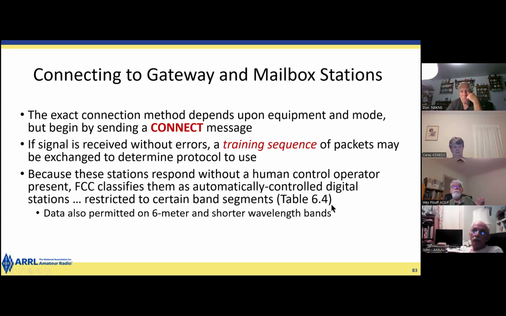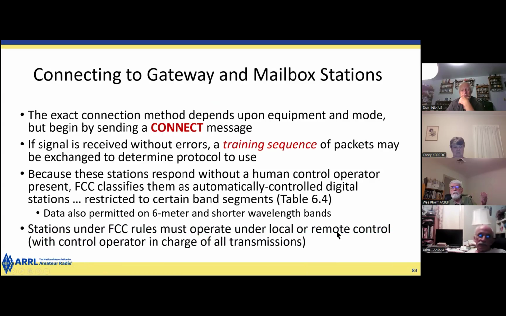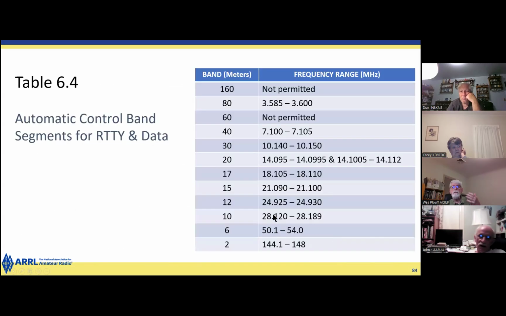But packet gateway and packet mailbox stations can be unmanned or automatically controlled, and so they're restricted to very narrow band segments. There's a table of those, and they're a very narrow range of frequencies on HF. Other stations under FCC rules must be operated under local or remote control, but they need a control operator in charge at all times. So this is the sole exception.